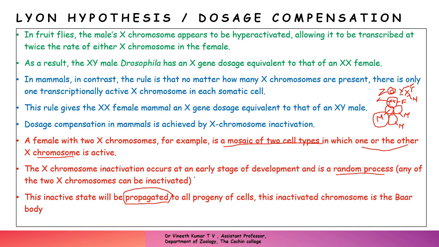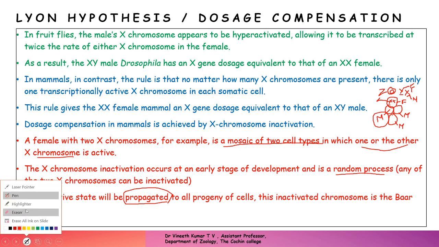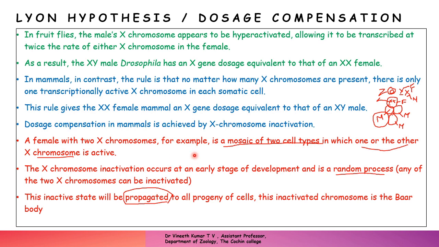This is why you call a female with two X chromosomes a mosaic. In some of her cells the X chromosome of the father will be inactivated, in other cells the X chromosome of the mother will be inactivated, because of this random event early in development.